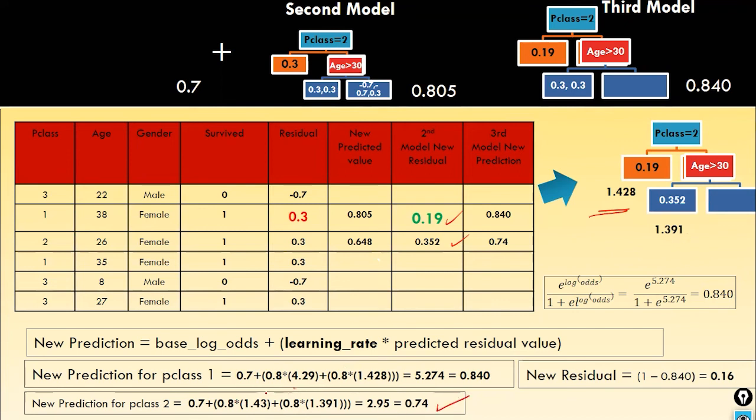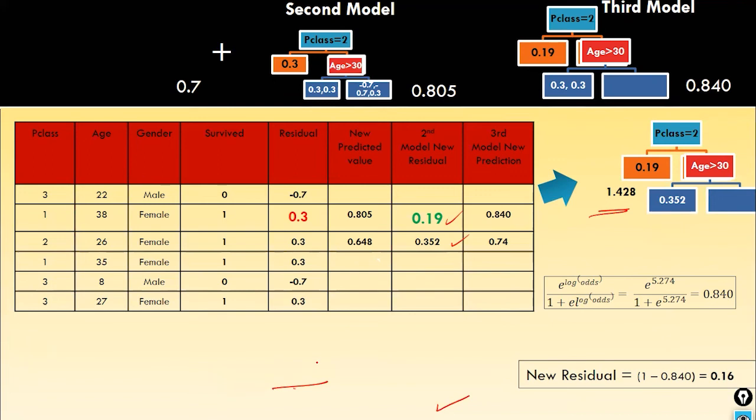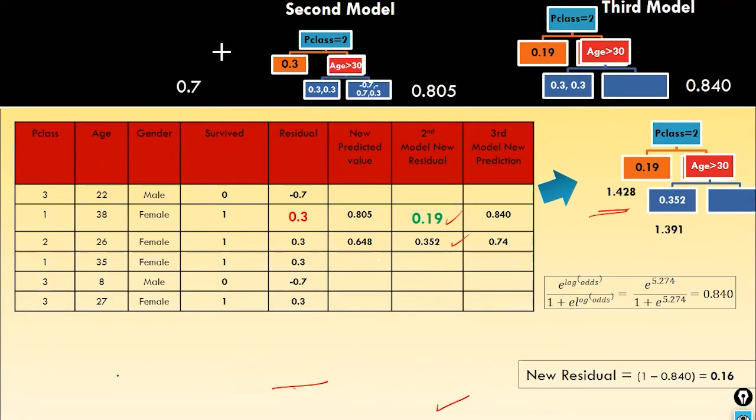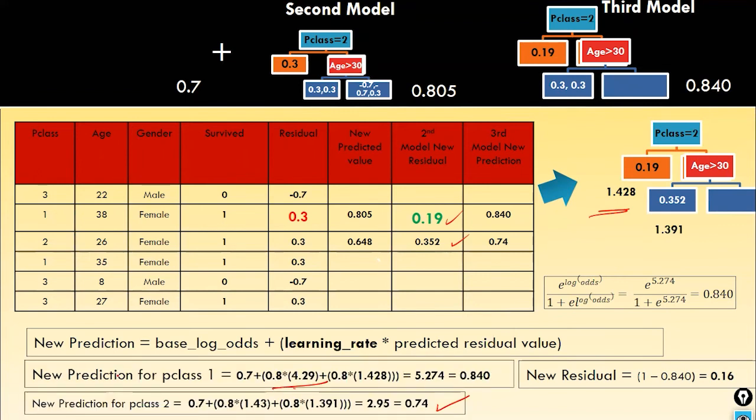Yes, this is the previous model. 0.8 is the learning rate, and 4.29 is the previous weak learners' log odds, plus the current one, 0.8 times 1.428. It gives us the log odds as 5.274. To convert this, the probability is 0.840.